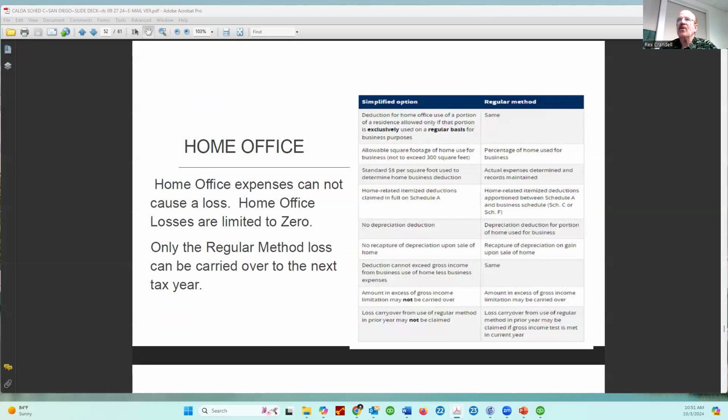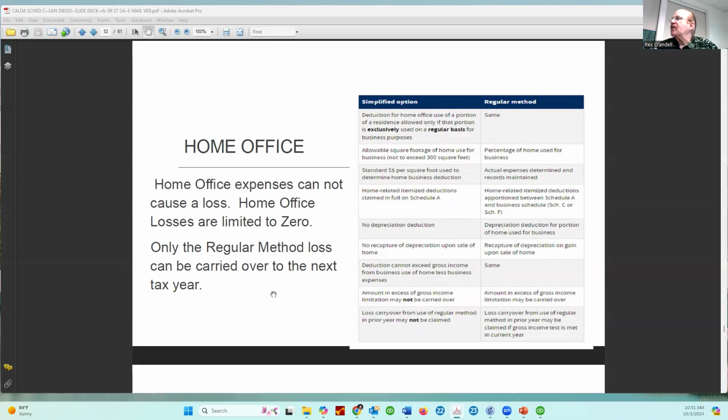So continuing on the home office, there's a chart that shows if the home office expenses cause the business to go into a loss, then no home office expenses are deducted for the year. If you take the standard method for home office and you have a loss, that loss disappears forever.